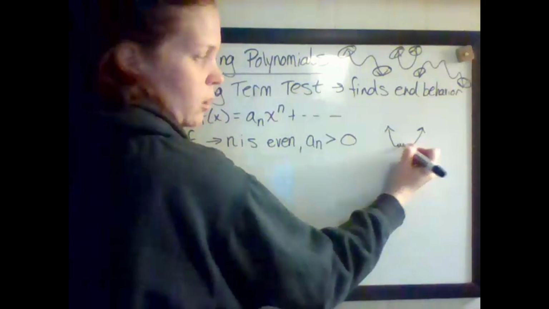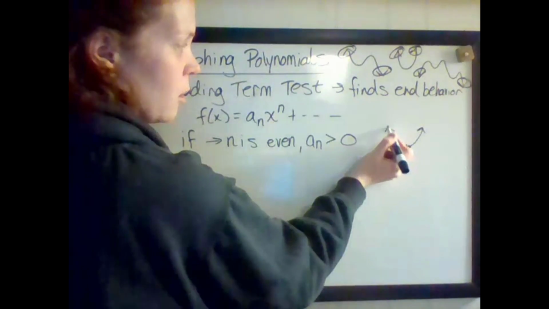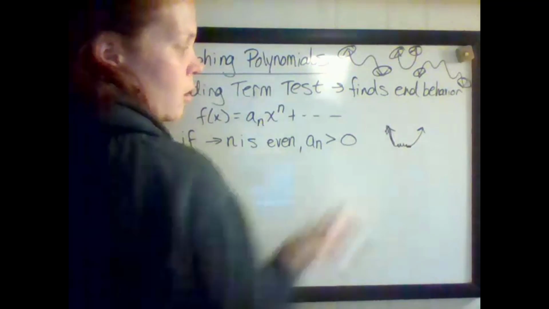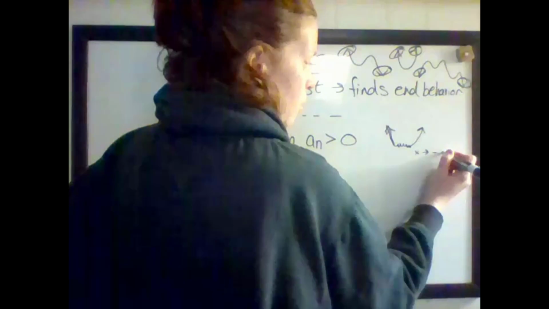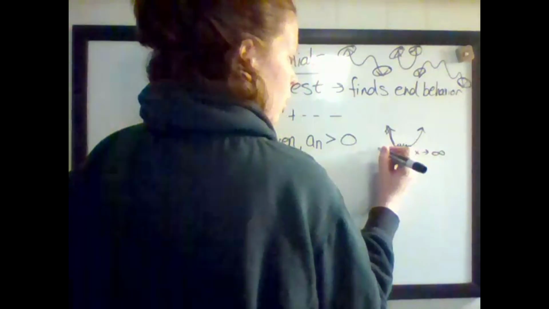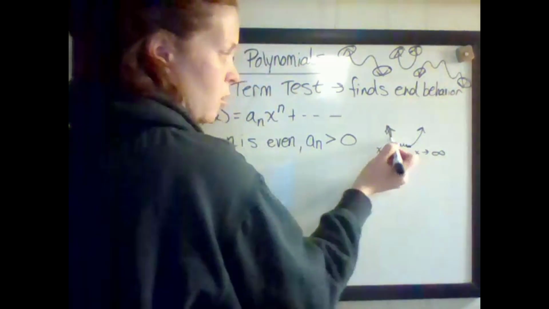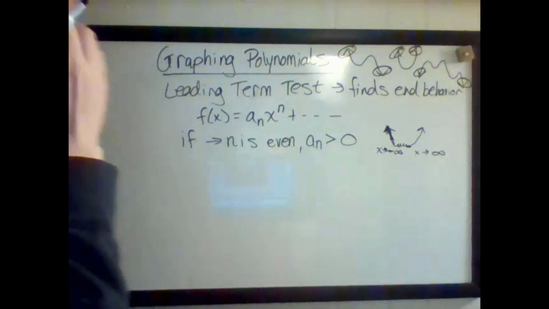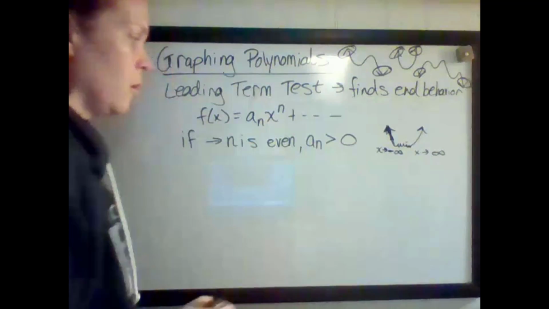This little squiggly in the middle means that there could be different terms, but as x goes to negative infinity, it's going up, and as x goes to infinity, it's going up. So a little introduction to notation like that. And it could do multiple things in between.